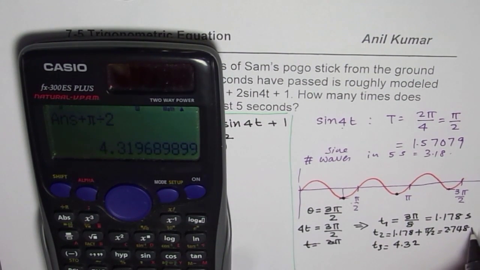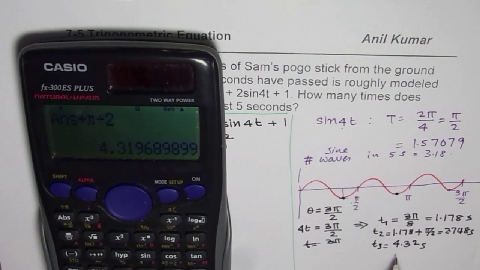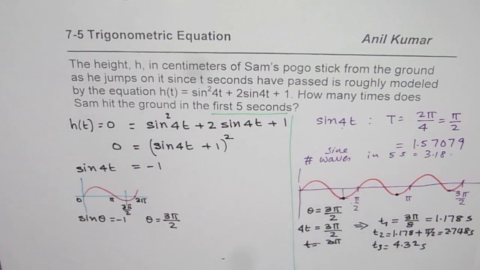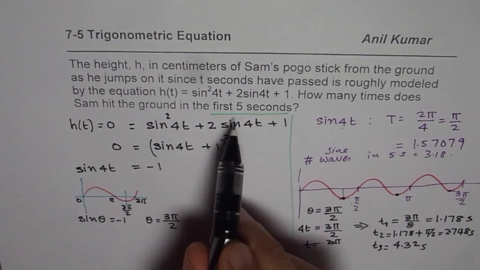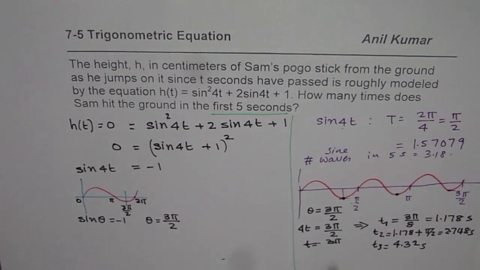These are all times in seconds. Now if you add pi by 2 again, it will be beyond 5 seconds. So in the first 5 seconds, it is going to hit the ground 3 times.